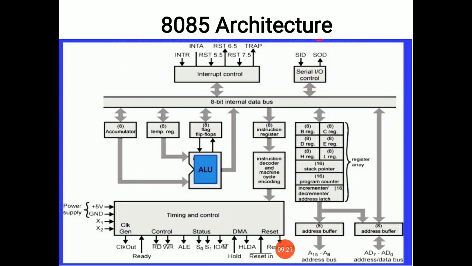One operand is stored in the accumulator, and the other operand is stored either in a memory location or in one of the general purpose registers, that is B, C, D, E, H, L. From there the second operand, or second data, will come and get stored in the temporary register. So the two data for addition come to the ALU, one from the accumulator and one from the temporary register. The ALU will perform the addition and store the result again in the accumulator.